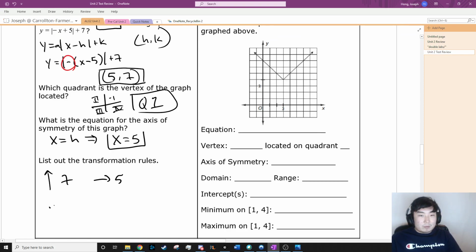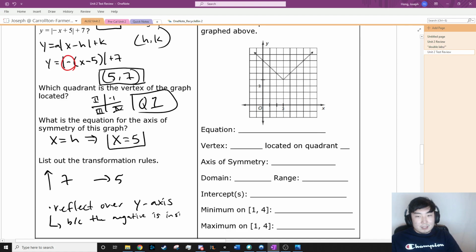So this is reflect over y-axis. And I'm going to write a side note because the negative is inside the absolute value.